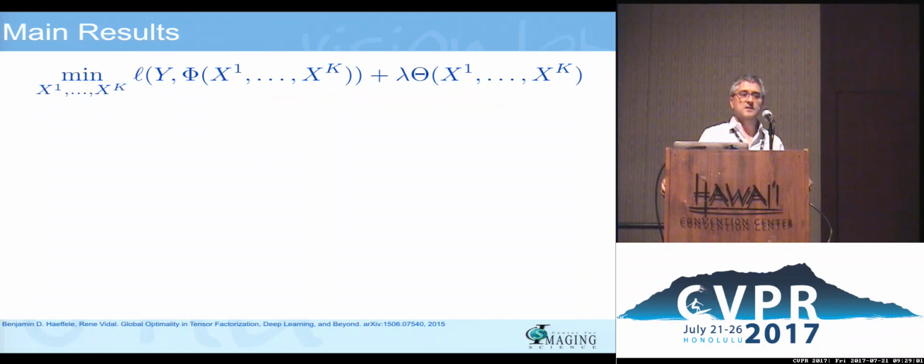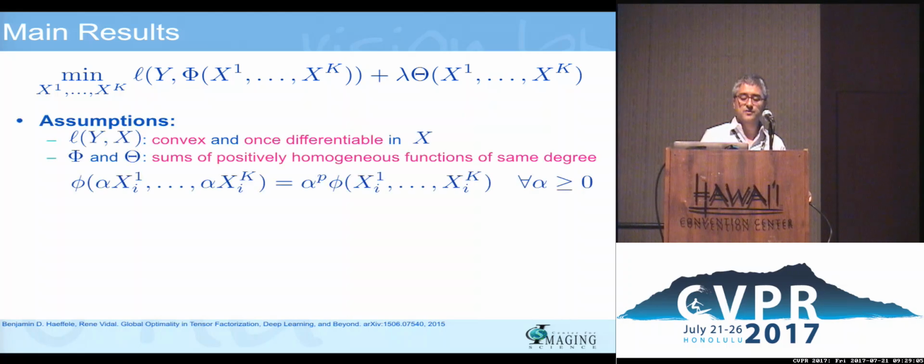And as already said, it is non-convex. So the following assumptions are made. Assumption number one: the loss function L, which is a function of two quantities, the labels, which are fixed, and the second argument, which is the output of the network. As a function of the second argument, we're going to assume that the loss is convex.